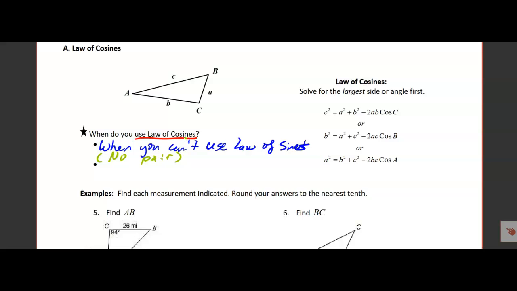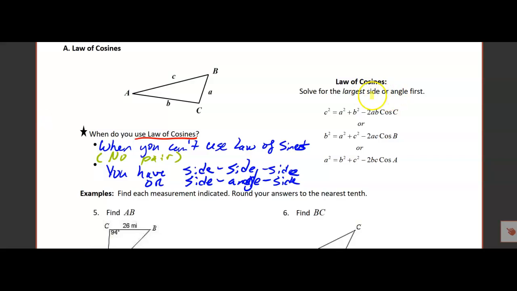When that happens, you're stuck with law of cosines, okay? So for law of cosines, you have three sides, side, side, side, or a side, the angle, and the side. So one of those three patterns, all right?